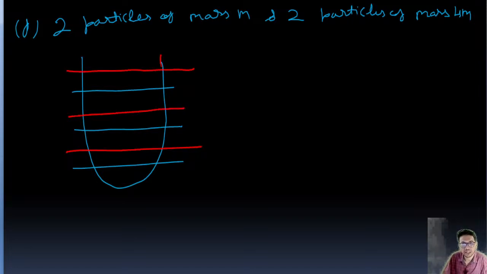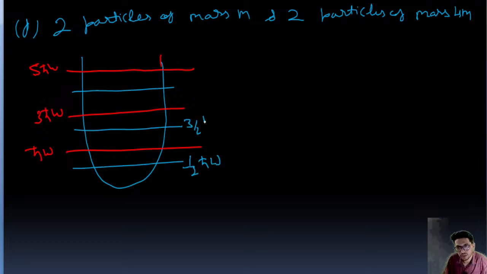This is the energy level for mass 4m: ħω, 3ħω, 5ħω, and so on. And this is for the energy levels of the particle of mass m: 1/2 ħω, 3/2 ħω, and 5/2 ħω.